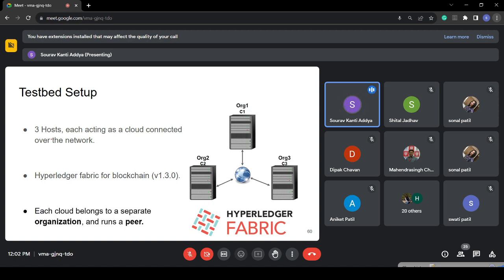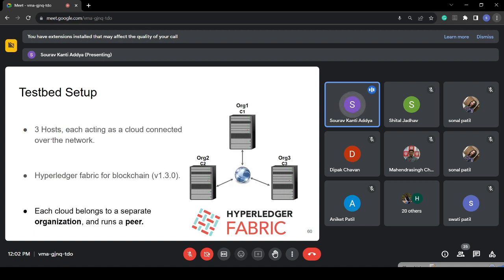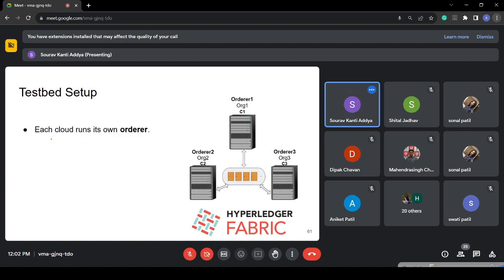Hyperledger Fabric has certain things to be set up. We designated these C1, C2, and C3 as organization 1, organization 2, and organization 3. We run these peers in different organizations. We have different cloud orderers, so each organization can run its own orderer: orderer 1, orderer 2, and orderer 3.